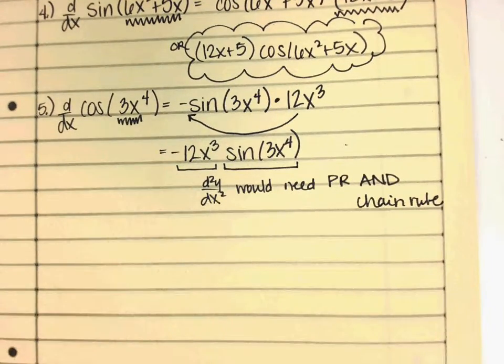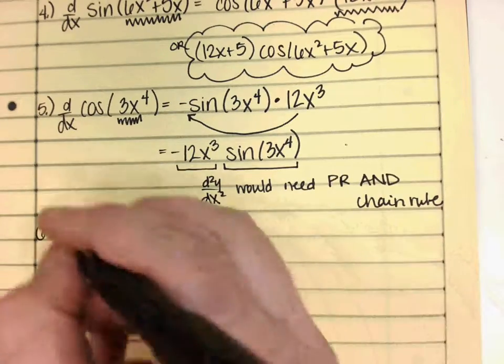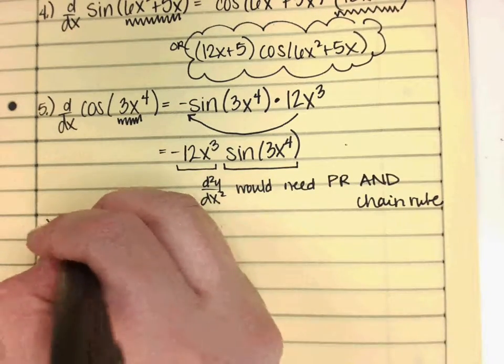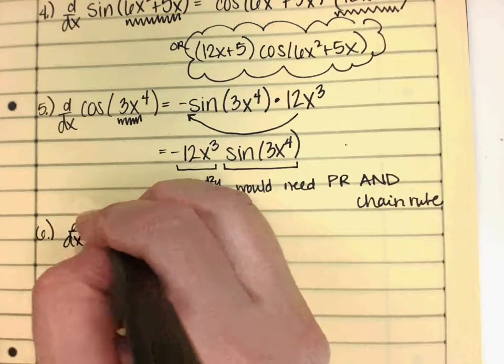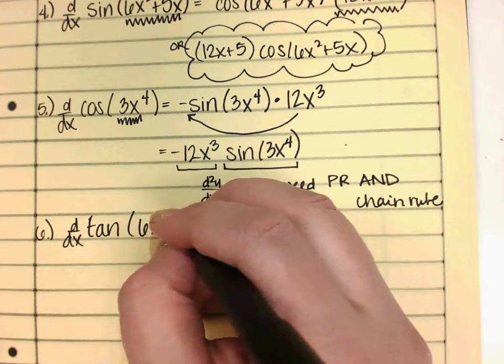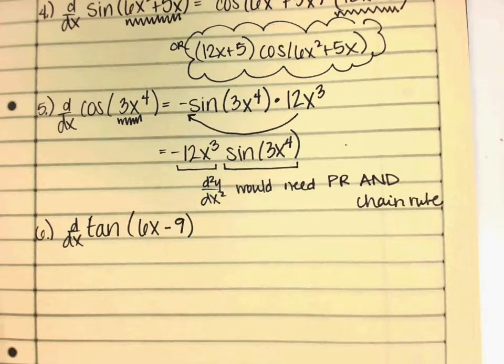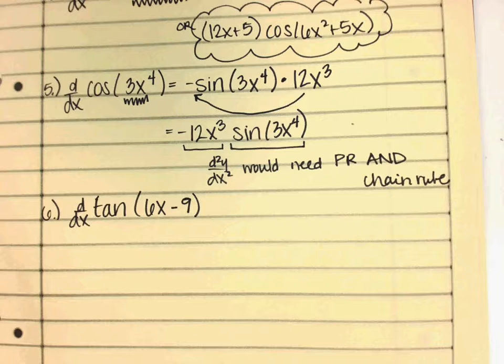Okay? Alright, one more like that. We're going to do an example with tangent. So we're going to take d dx of tangent 6x minus 9. Okay, take a look at it. Underline the core. Remember, that does not change.